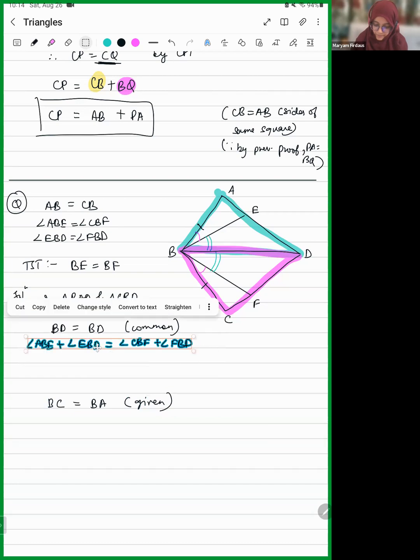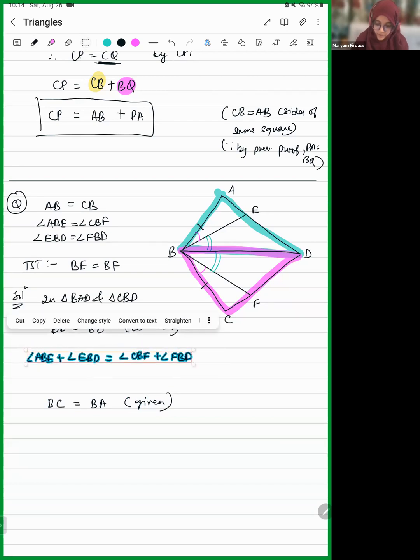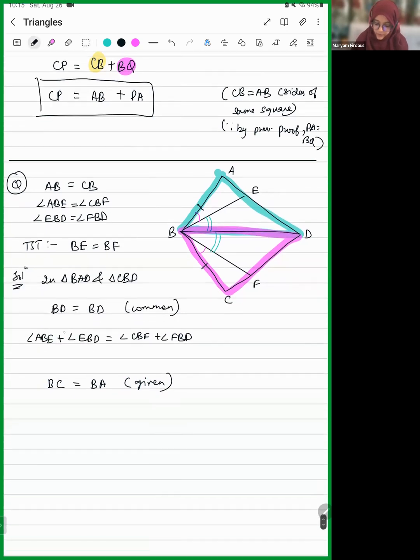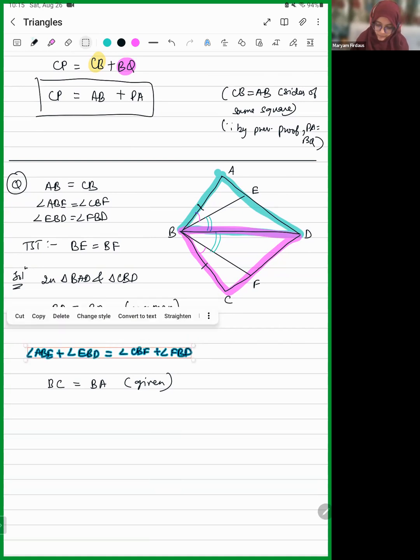Okay, let's not skip any steps. Some of you might find it difficult. So let's write it like this: angle ABE is equal to angle CBF, angle EBD is equal to angle FBD.